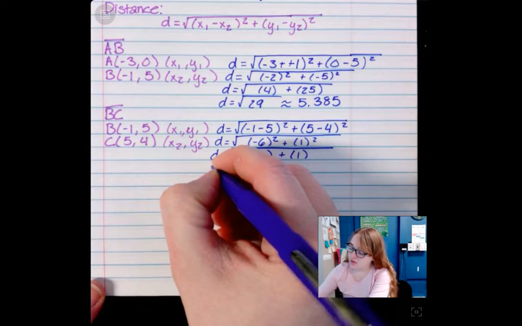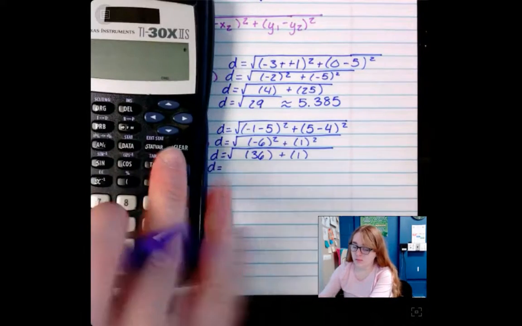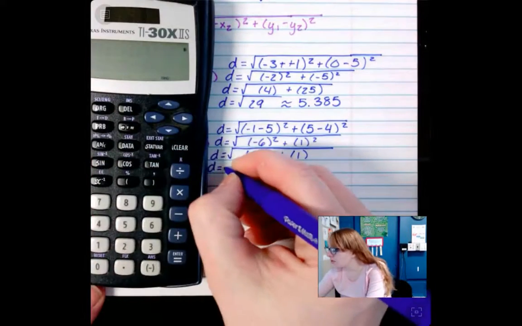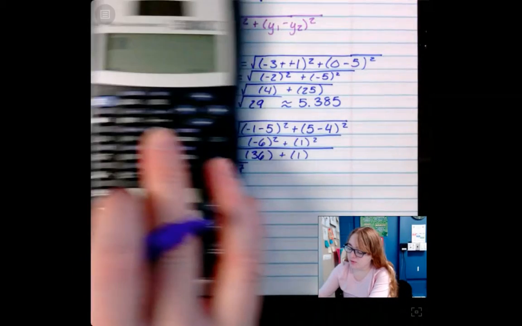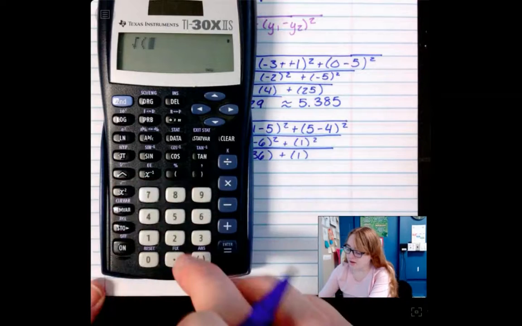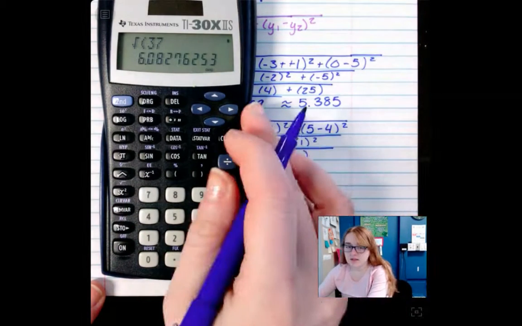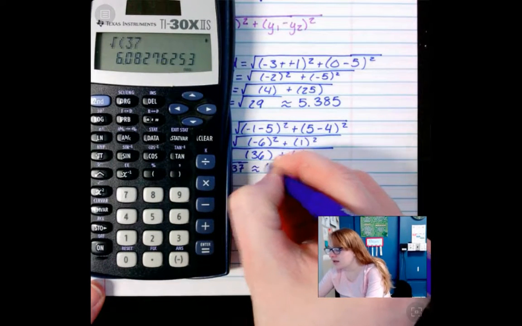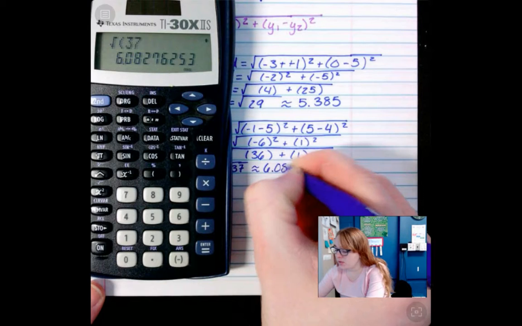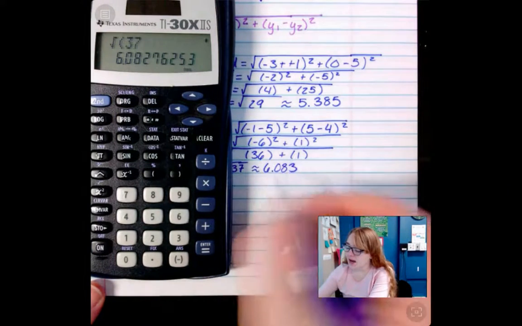Okay, so using our calculator here, we get the square root of 37. So we hit our square root function and then type in 37. And that gives us approximately 6.083. Again, just rounding out 3 places after the decimal.